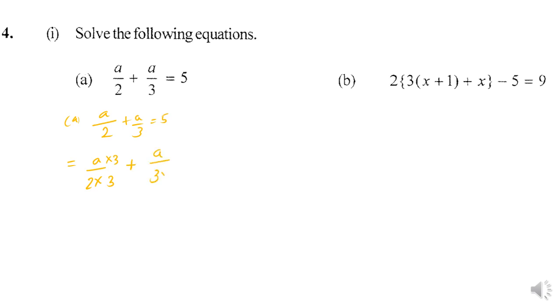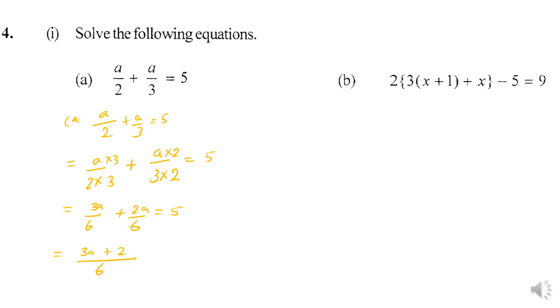A over 3, we multiply this by 2 in order to make 6, and we have 5 here, and then you get 3a over 6 plus 2a over 6, and then is equal to 5, and you have common denominator 6.